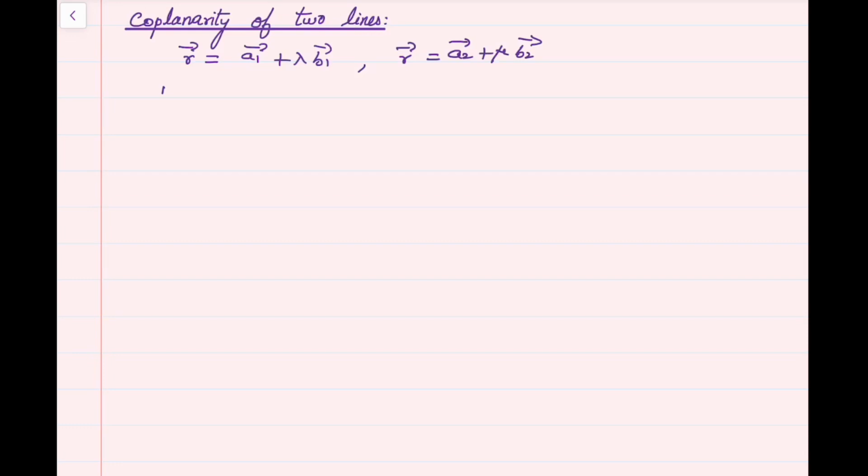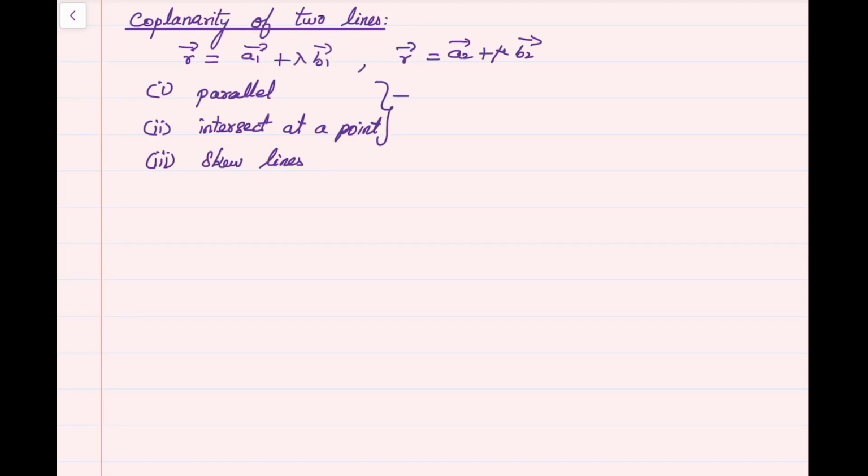Given two lines, they may be parallel, or they may intersect each other at a point, or they may be skew lines. In the first two cases, the lines are coplanar. But if the lines are skew lines, they are non-coplanar.